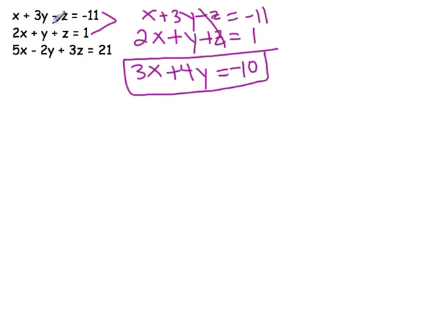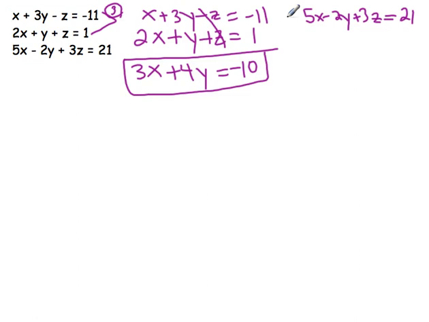So I'm going to take this first equation, since it's minus z right now, and multiply it by 3, okay? Then I'm going to rewrite the third equation. I've got 5x minus 2y plus 3z equals 21.